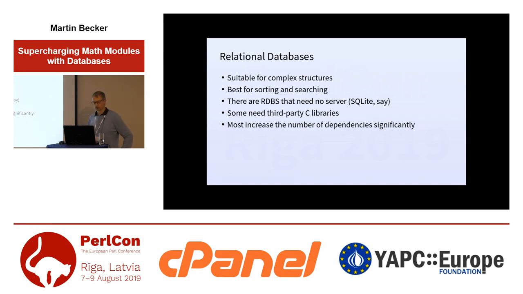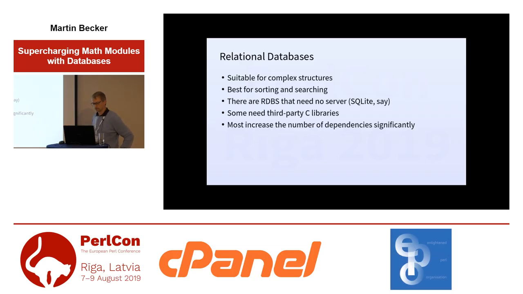The user has to install more in order to make your program run, expecting that it does just math. He suddenly is confronted with database software. But this is what we want to take advantage of. And if there are already modules for it, as I will show you, it's not that hard to do.